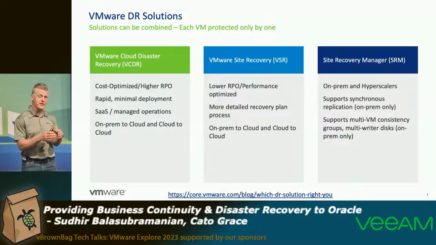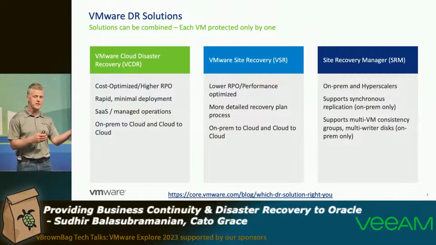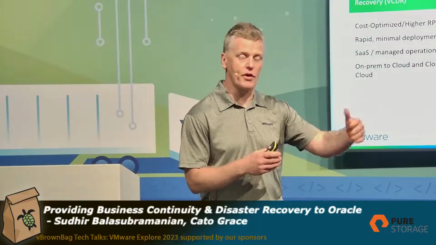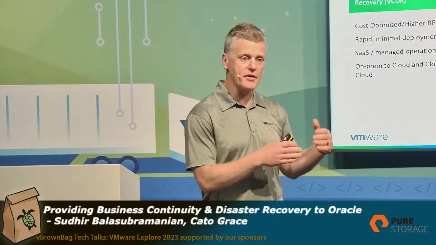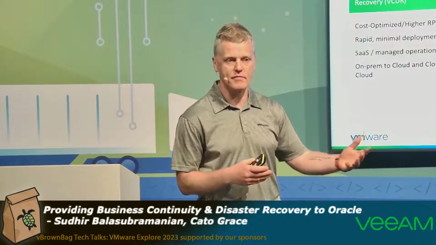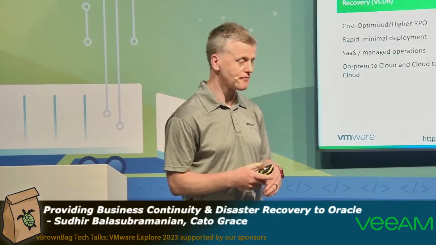You replicate your data into a scale-out cloud file system, which means you don't have to have hosts running all of the time in the cloud. You can just have hosts when you want to run a test or a failover. Otherwise, you don't have those hosts sitting there waiting and utilizing resources.